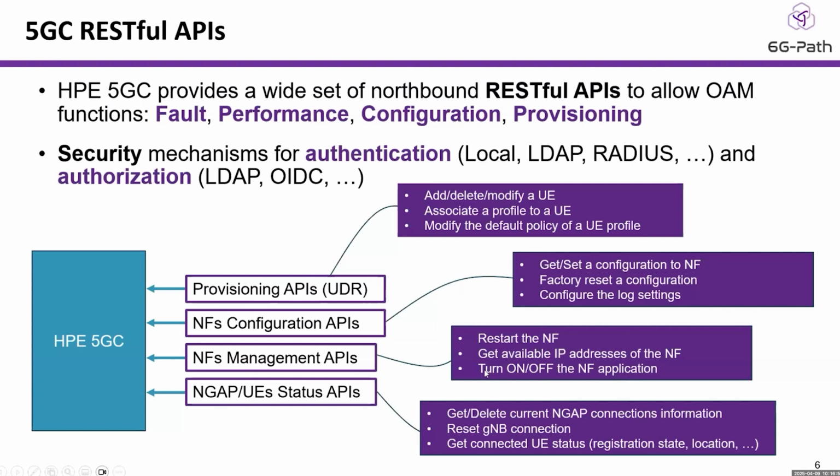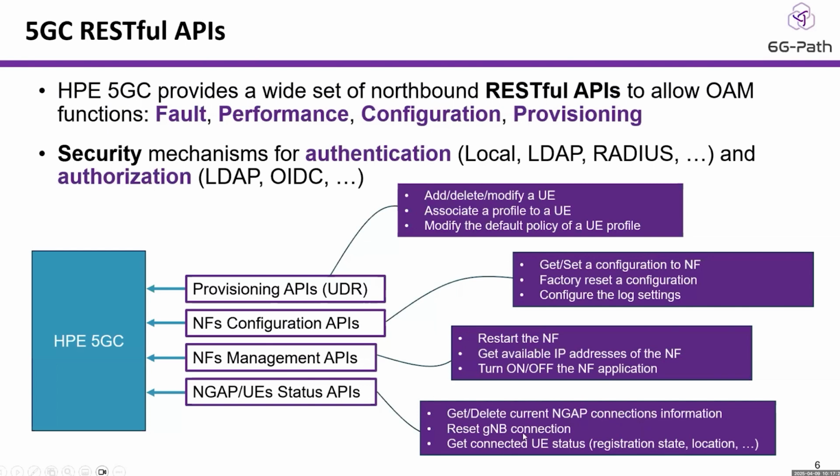So you can also programmatically create a program or an intelligent system that can automatically balance the enabling of some network function applications. And finally, this is another couple of APIs that allow you to check the current situation of the connectivity between the AMF and the radio part.